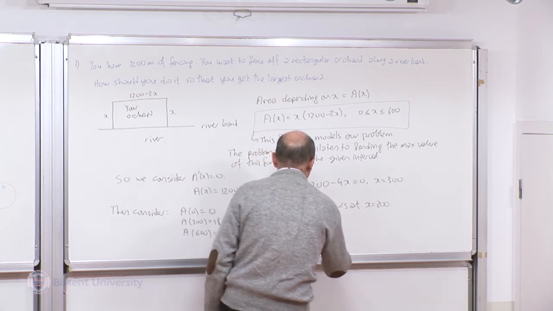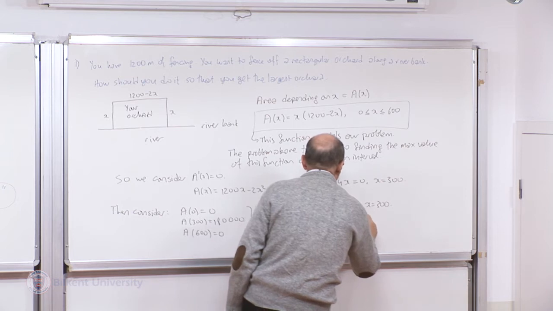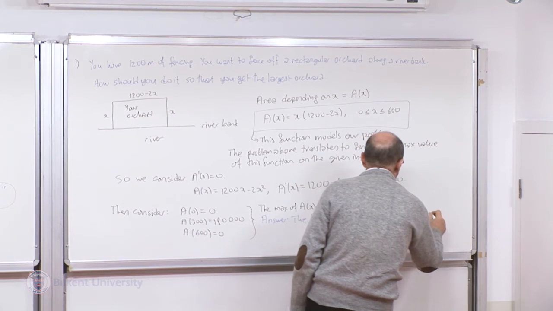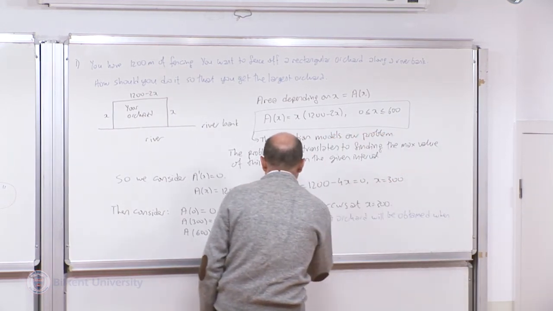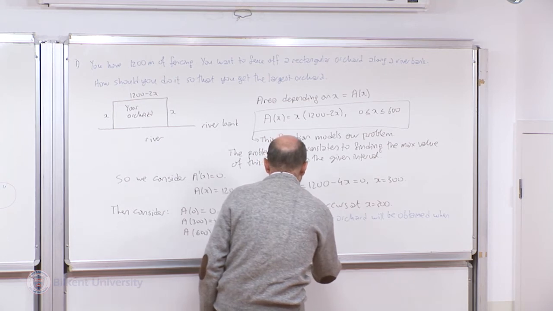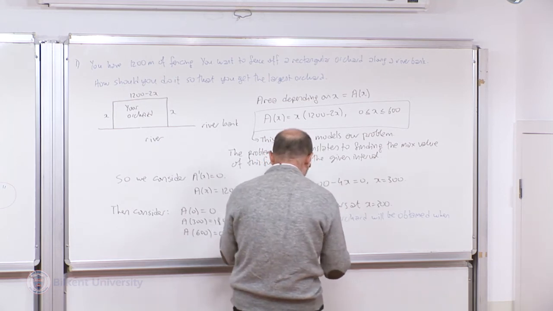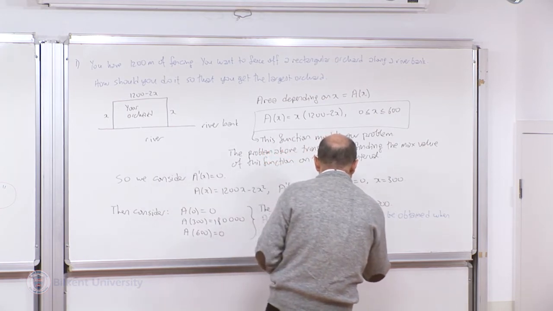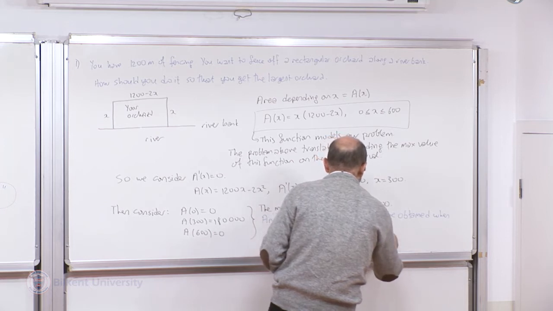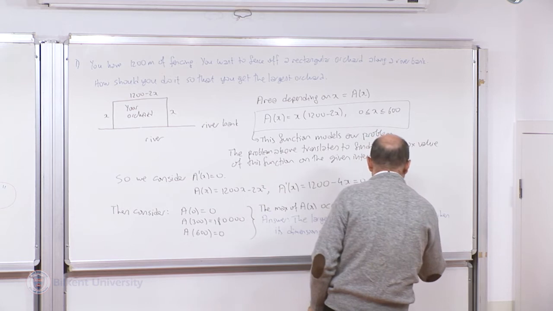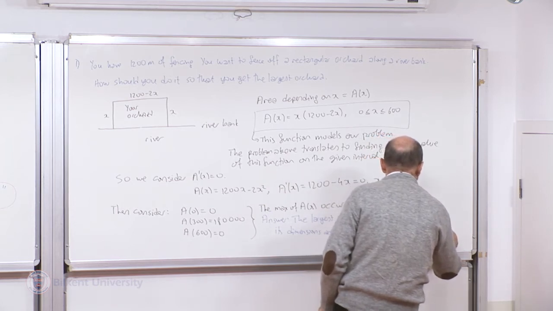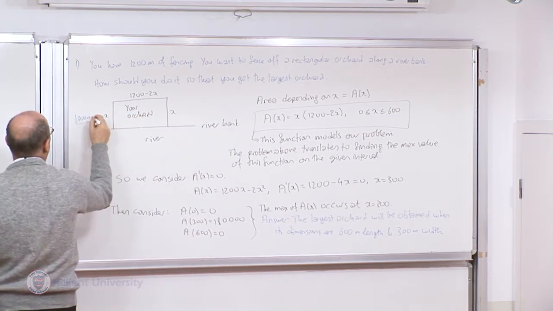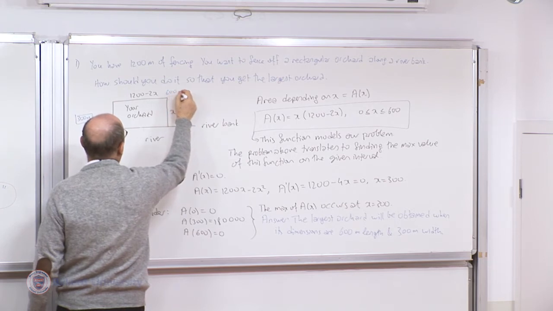The largest orchard will be obtained when its dimensions are, so what did I say? 600 meter length and 300 meter width. Okay, so this part is going to be 300 meter and this part is going to be 600 meter.